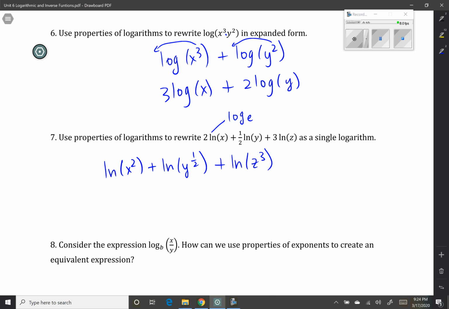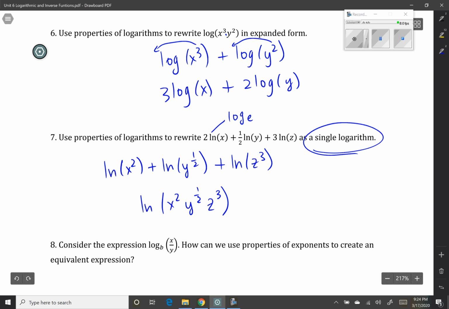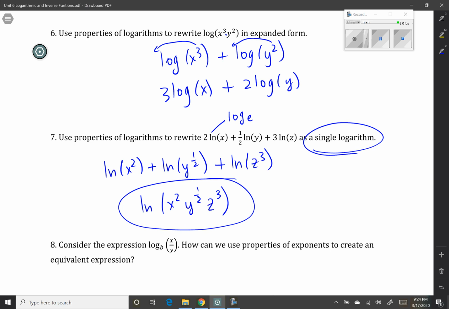I'm doing the exact opposite of what I did in 6. Now, since all three of these logarithms are added together, I can rewrite this as a big product, x squared, y to the 1/2, z to the 3rd. So notice when I'm writing it as a single logarithm, I'm trying to bring it all together. This is one single log now, where previously it was 3 separate logs.